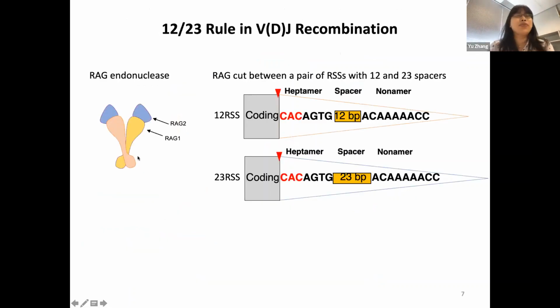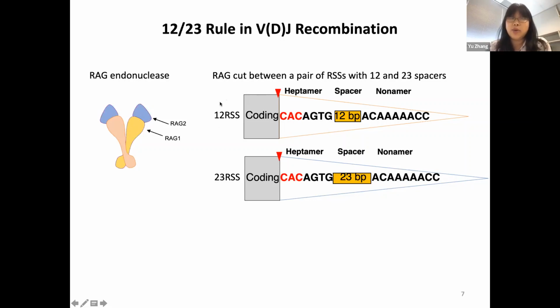The RAG endonuclease is a Y-shaped heterotetramer comprised of two RAG1 and two RAG2. RAG1 is the catalytic subunit, and RAG2 is a very important regulatory cofactor that is important for both the cutting activity of RAG1 and its DNA binding activity.